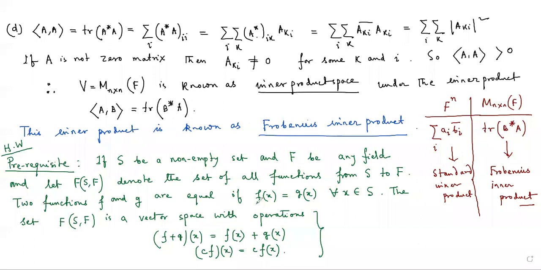You have to check that it satisfies all the 8 properties, if you have not done so earlier. So I'm keeping that as a homework again for you. Now, that is the first prerequisite. This is prerequisite number 1. Okay. Section 1.2 of the book that I shared with you.